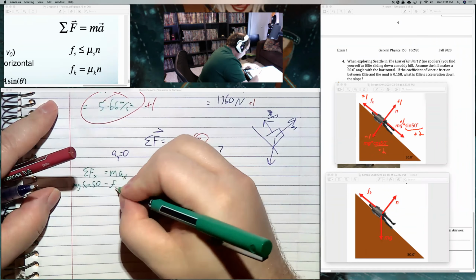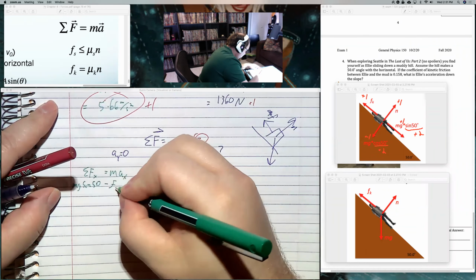Now in y it is up minus down. So up, I have n. Down, I have mg cosine of 50. And that equals 0. And this is also worth a total of 5 points, or 2, 2, 1.